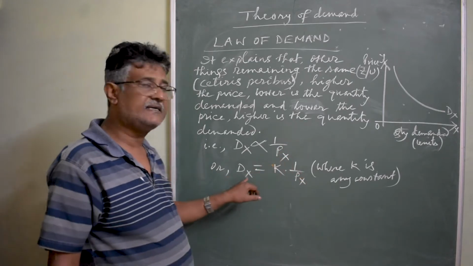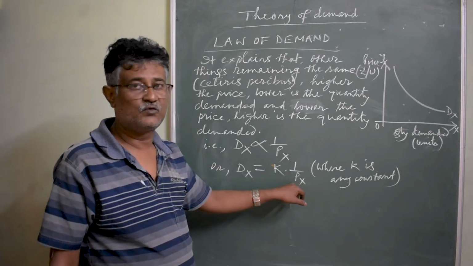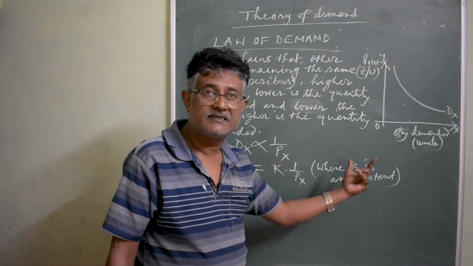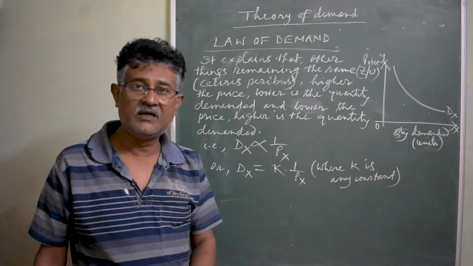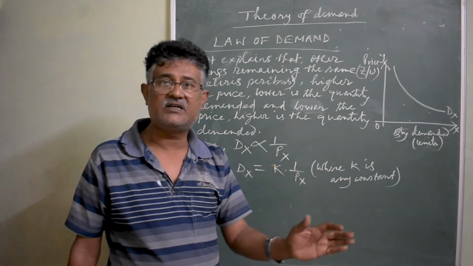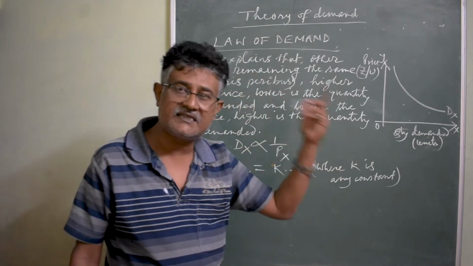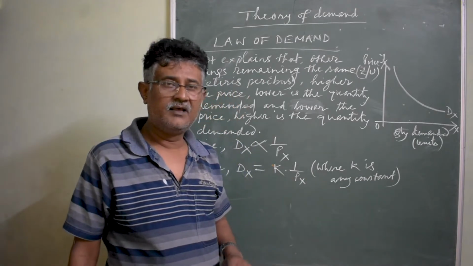This can be rewritten as Dx = k × 1/Px, where k represents any constant. Constant means that we have assumed factors other than the price of the commodity, that is price of related goods, income of the households, taste and preferences of the people, are taken to be constant.